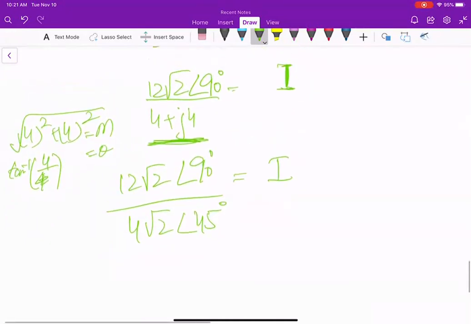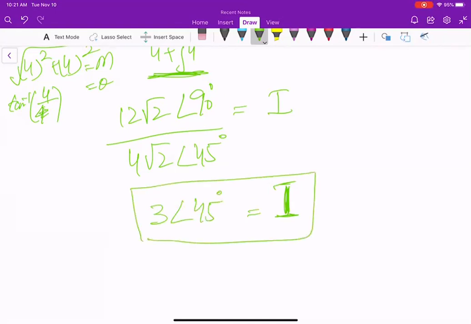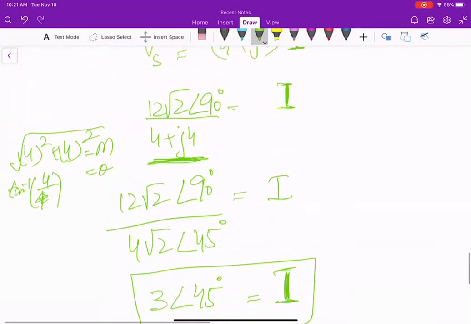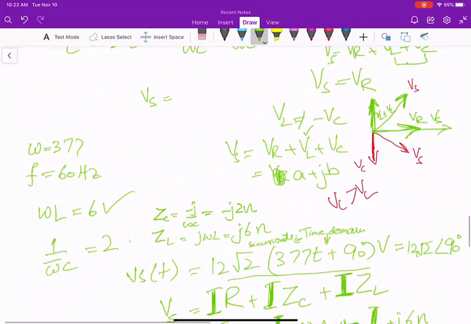So your I will become 3 at 45 degrees. So your I is not at 0 degrees, but it has some angle. So we will shift all of our phasors according to that.